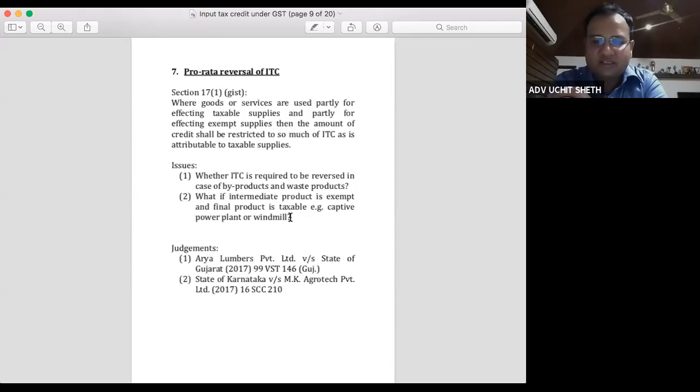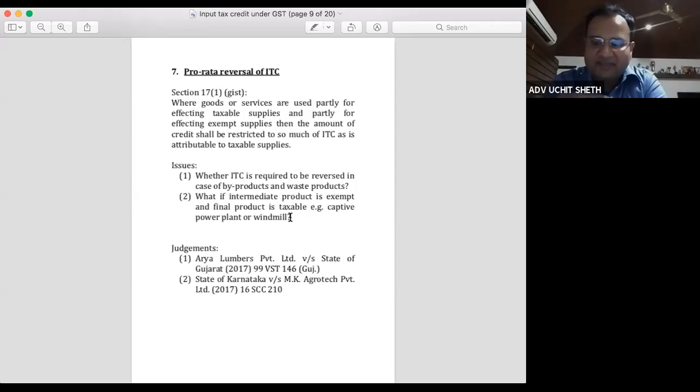SSE took a stand that no, all my inputs went towards manufacture of oil, I only intended to manufacture oil. Oil cake was only a byproduct, and therefore no proportionate reversal of input tax credit was required. Supreme Court in the case of State of Karnataka versus MK Agrotech Private Limited, 2017-16 SCC 210 takes a view that look at your proportion of sale.